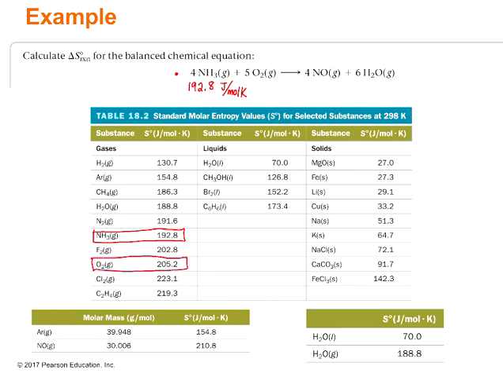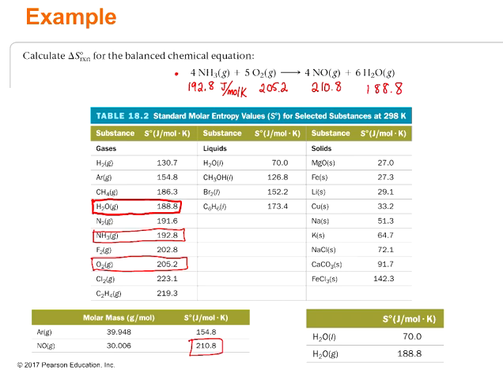So we've got a value of 205.2. And then nitrogen monoxide is in one of the separate tables there. So its value is 210.8. And then gaseous water has a value of 188.8.